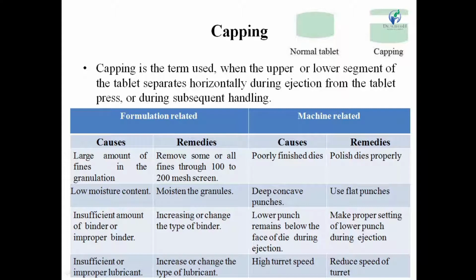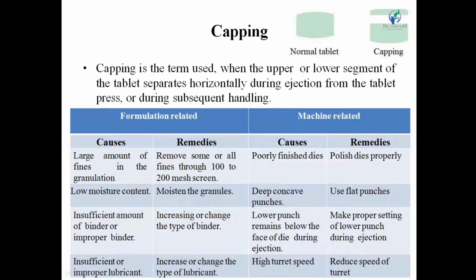So what is capping? The tablet's upper or lower segment separates horizontally during ejection from the tablet compression machine or during subsequent handling of tablets. That is called capping. There are formulation related problems and machine related problems.